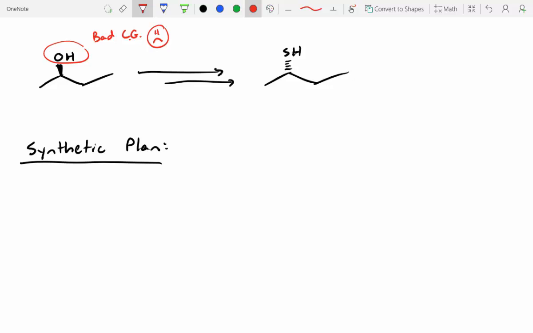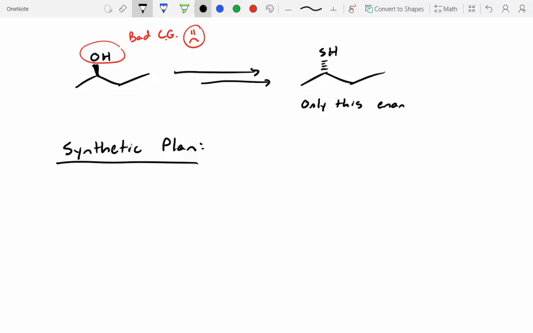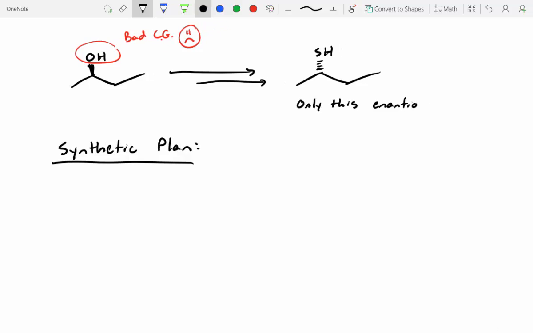Sulfuric acid. Remember too, we're only getting this one enantiomer.